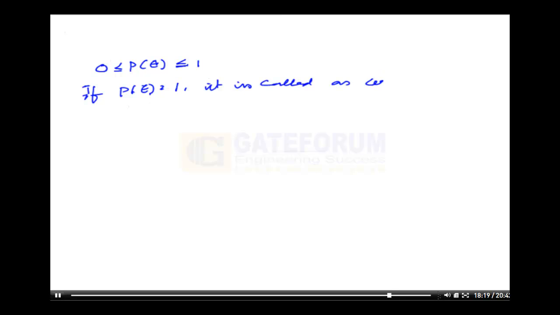So now we consider that the probability of an event always lies between 0 and 1. If P(E) equals 1, it is called a certain event.